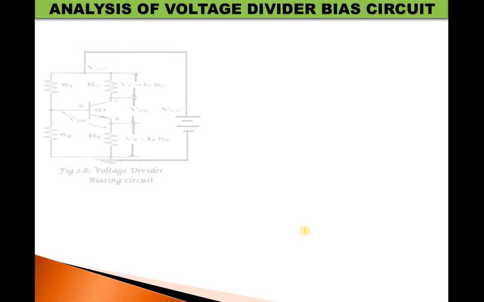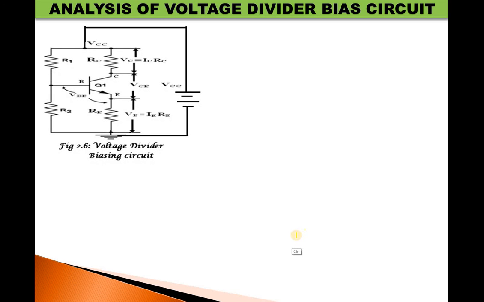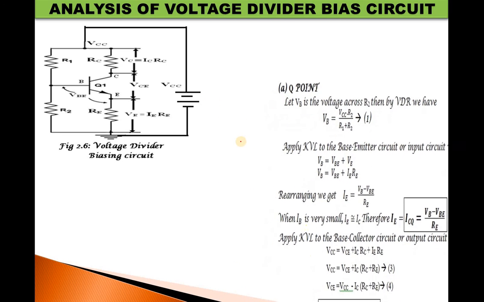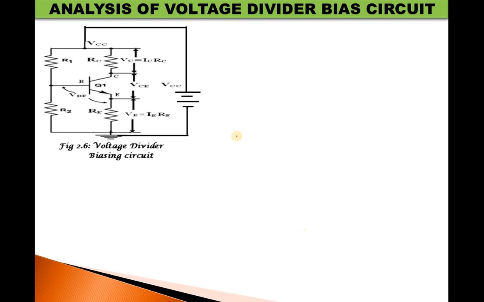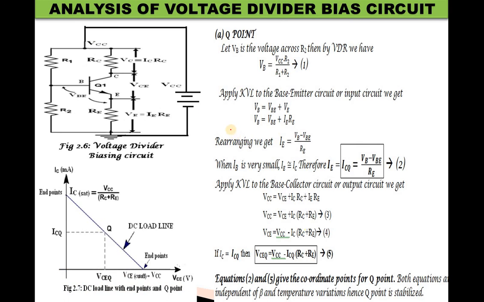Now let us analyze the voltage divider circuit. As I said, you can notice here I have taken this VCC circuit like this so that you can understand when we apply KVL. First, Q point, then we'll go for end points.